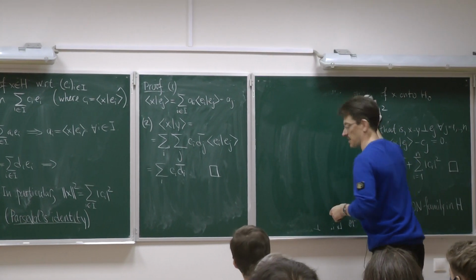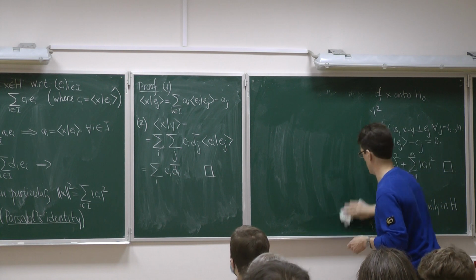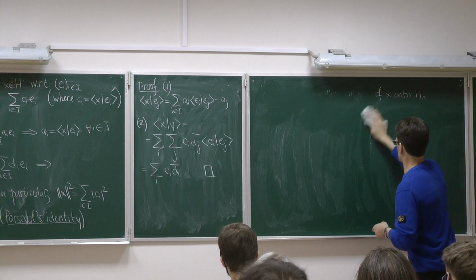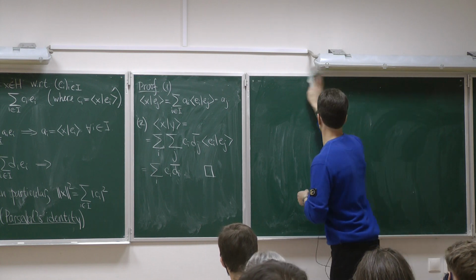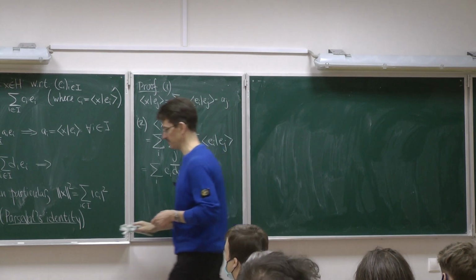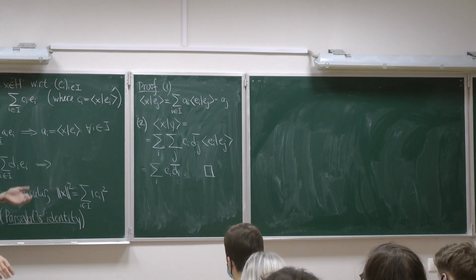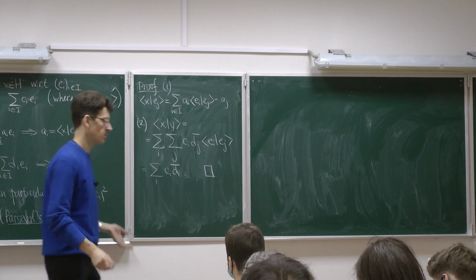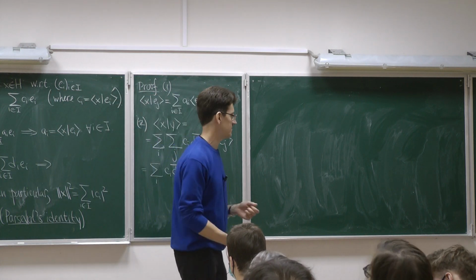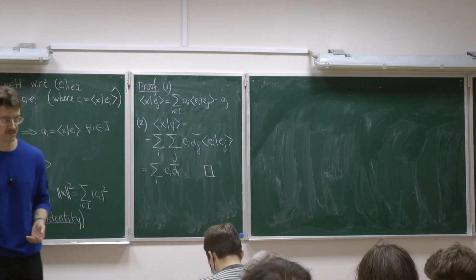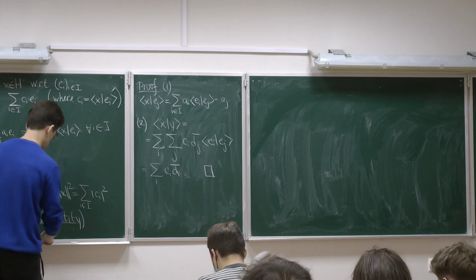Let's now discuss the existence of orthonormal families. It would be great to construct a sufficiently large orthonormal family, at least by analogy with the finite dimensional case. So in the finite dimensional case, at least over the real numbers, you probably know from your course of geometry that in each finite dimensional Euclidean space, there exists an orthonormal basis.